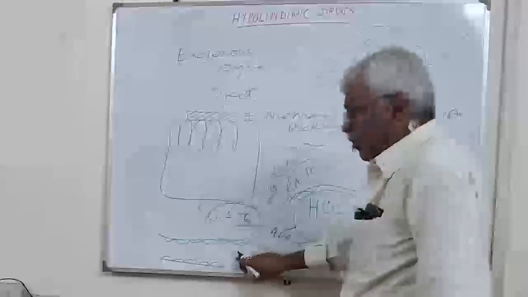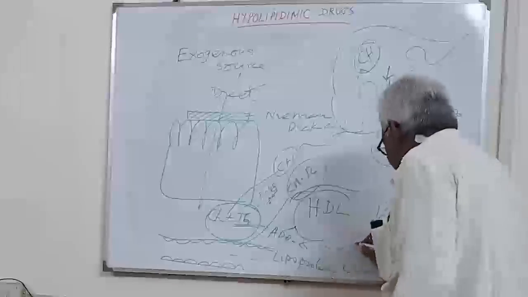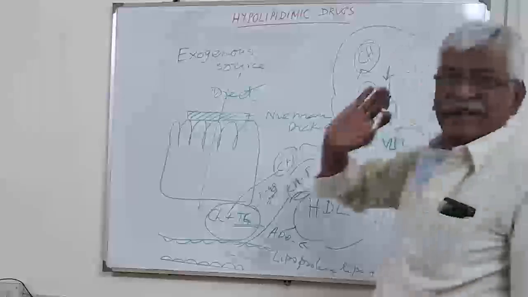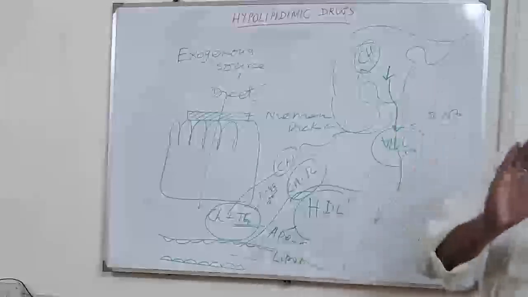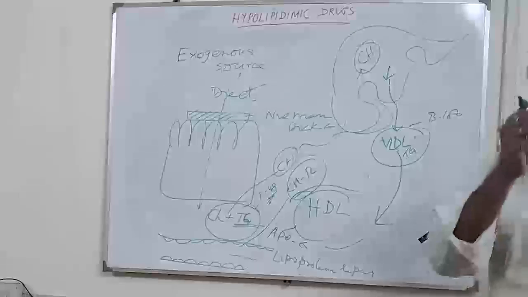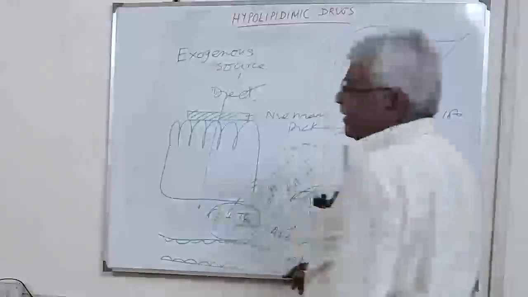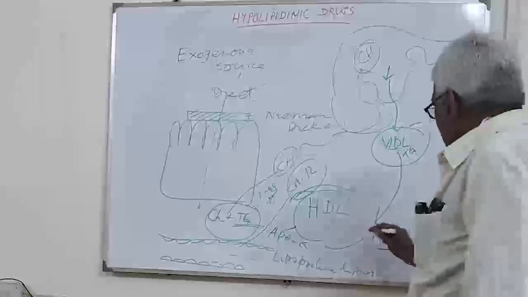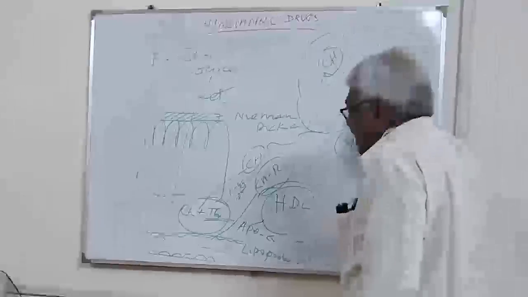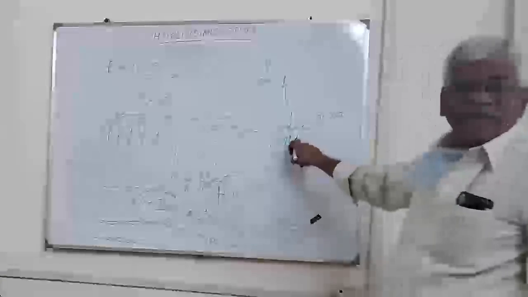After being metabolized, if all the triglyceride is removed, we call it LDL. If some of the triglyceride remains inside, we call it IDL, intermediate density lipoprotein.